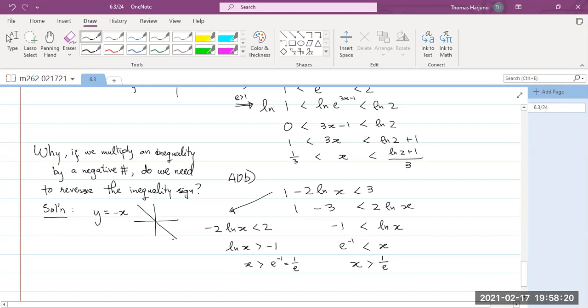It's a linear function with slope -1, right? So when you multiply by a negative number, the operation -x is decreasing, and that's why you need to reverse the inequality sign. That's a better theoretical and abstract explanation.